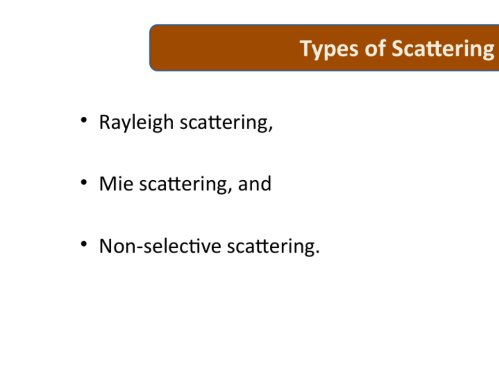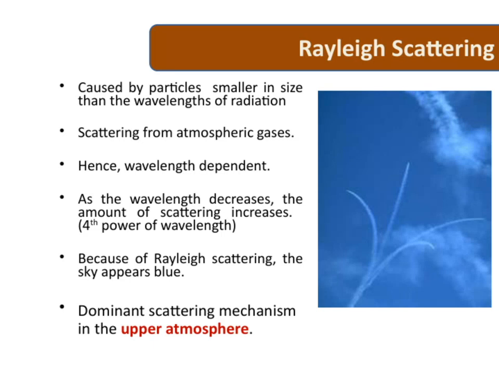Understanding these different scattering types helps us grasp how light interacts with our atmosphere, affecting everything from weather to visibility and even remote sensing. Rayleigh scattering is caused by particles that are smaller in size than the wavelengths of radiation we're dealing with. This type of scattering primarily occurs from atmospheric gases, which are tiny enough to cause this effect.